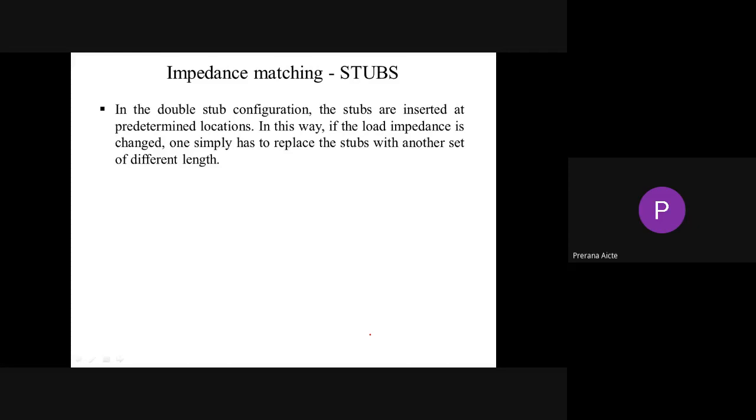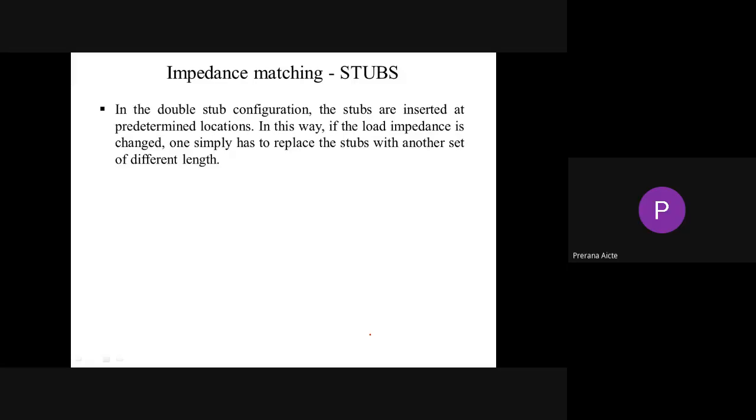So again, if the load changes, we have to change the stub impedances. We have to tune the impedance of the stub that matches the load impedance while changing the length. So when the length changes, the impedance also changes. So at what length is the impedance matched to the output?